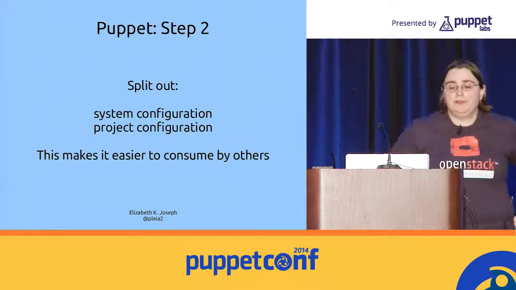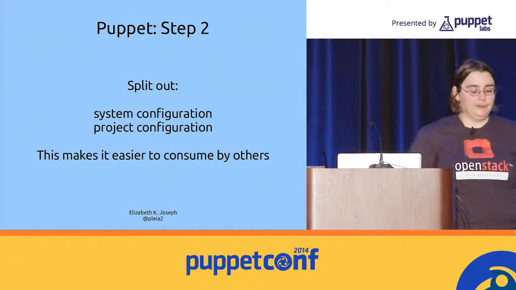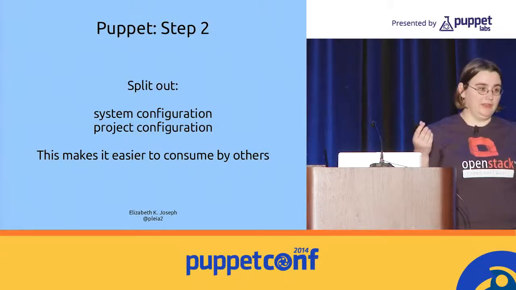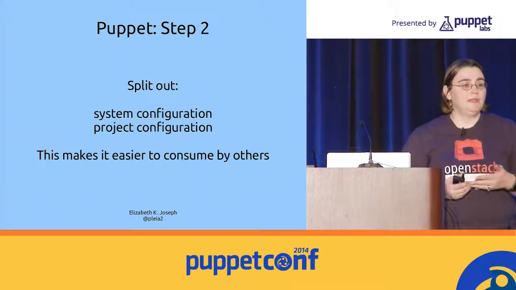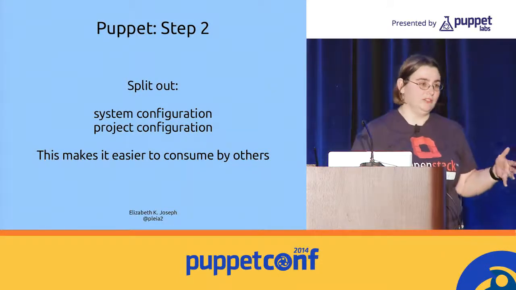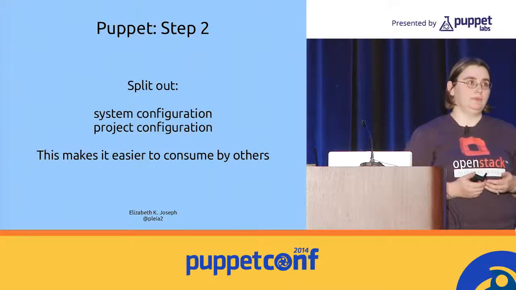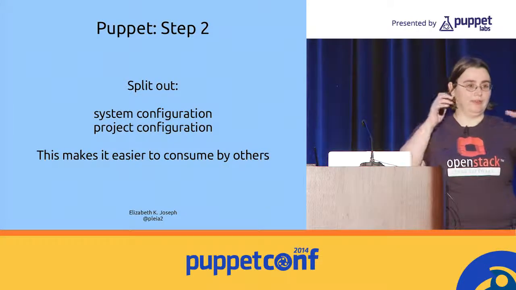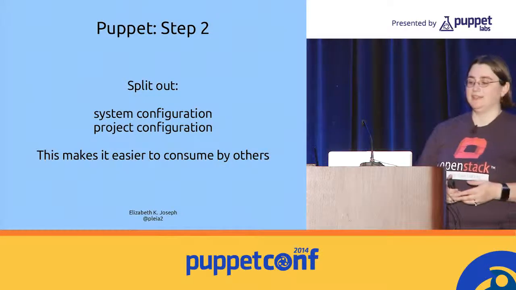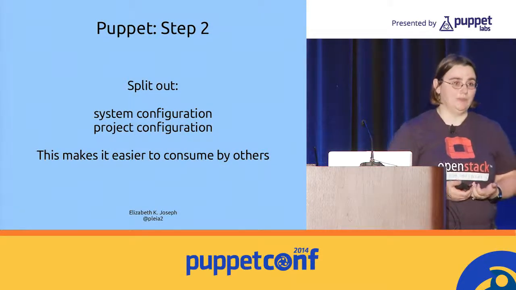We're also working right now to split out our system configuration from our project configuration. So we've got all these servers that are running our infrastructure, but then we also have all these Jenkins definitions and these Zuul definitions, which is sort of our merge master thing that makes sure all patches are tested against each other. But these all have jobs that are very specific to OpenStack.